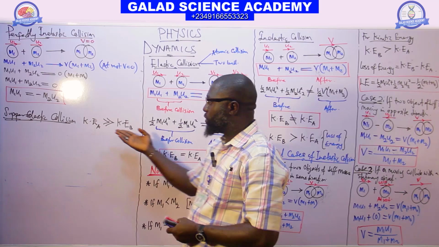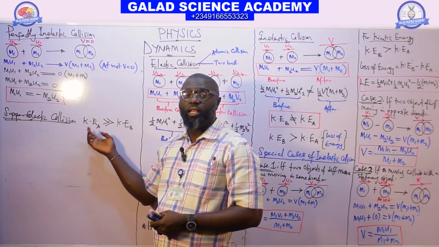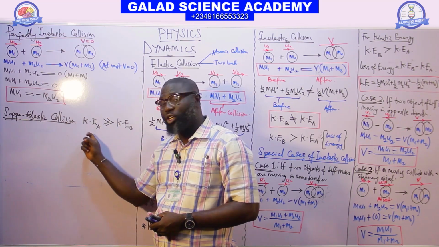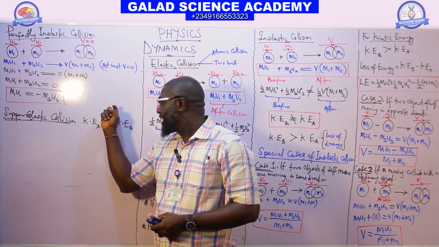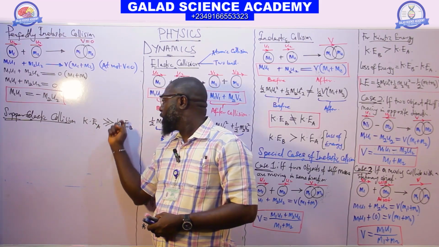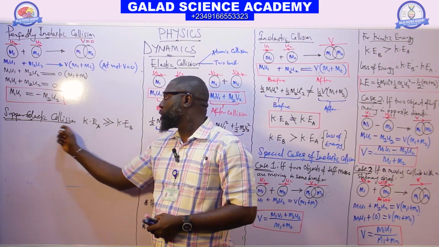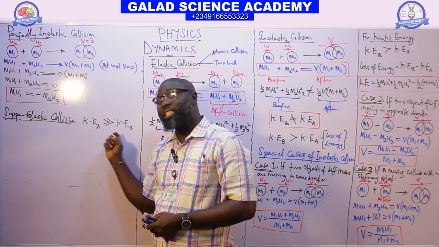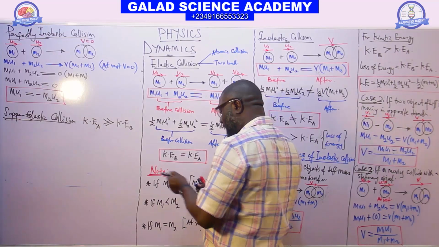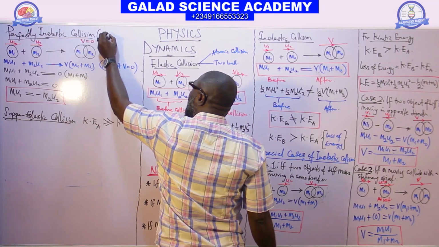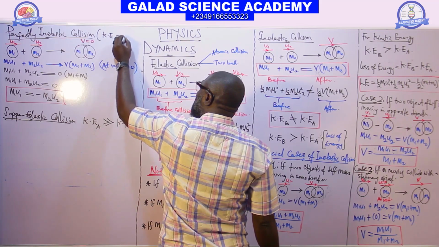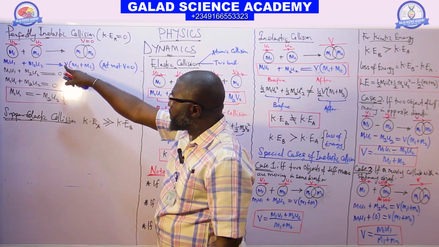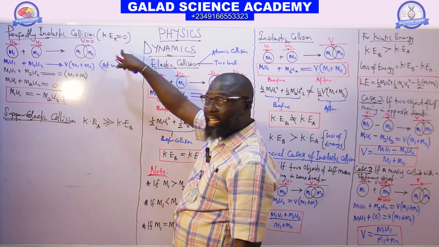When the kinetic energy of the body after collision is greater than the kinetic energy of the body before collision, we call it super elastic collision. But when the kinetic energy after collision is equal to 0, that one is perfectly inelastic collision.